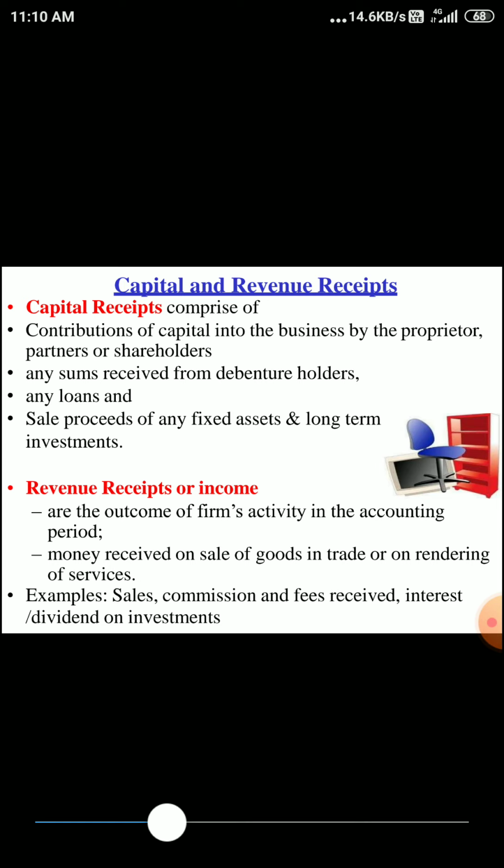Similarly, revenue receipts or income means what? These are the outcomes of the firm's activities in the accounting period, which means what is coming out of your business. That is revenue receipts: money received on sale of goods in trade or rendering services.